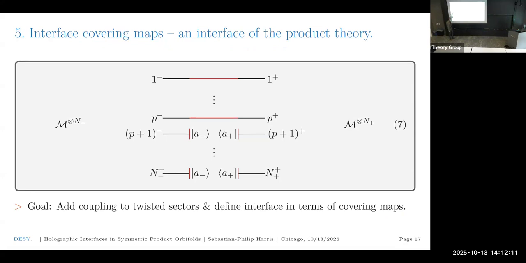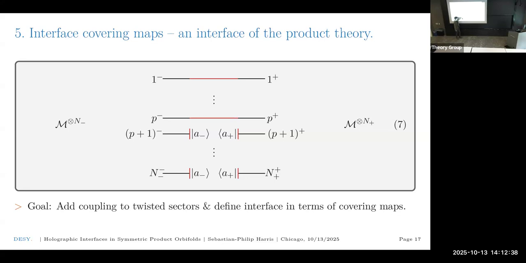So you can have n_minus copies of the seed theory on the left and n_plus copies on the right. And you can pick any integer p between 0 and the minimum of n_minus and n_plus. And then you just identify the first p copies at the interface and just put the trivial interface.